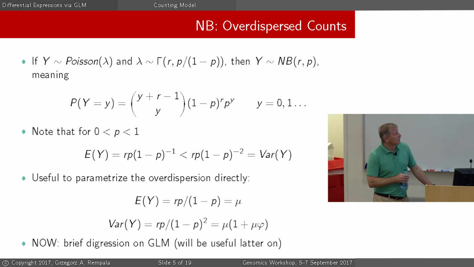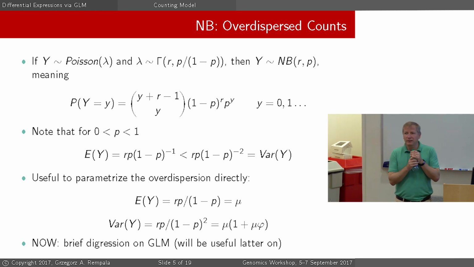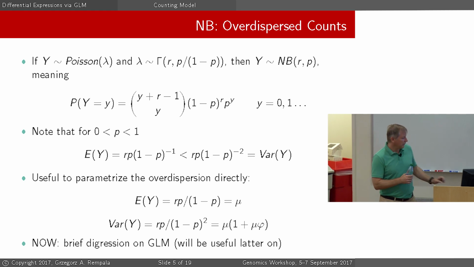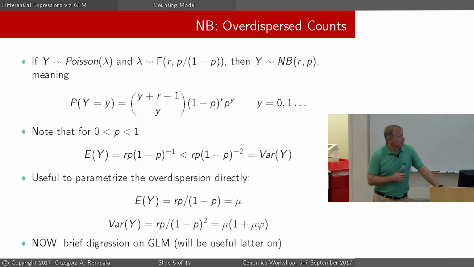This is the mean, and the variance is here, and I will rewrite it using mu, where phi is the over-dispersion parameter. If phi were 0, then the mean would equal the variance, and technically I would get a Poisson model. Phi cannot be negative, so if phi is greater than 0, I end up with over-dispersion.